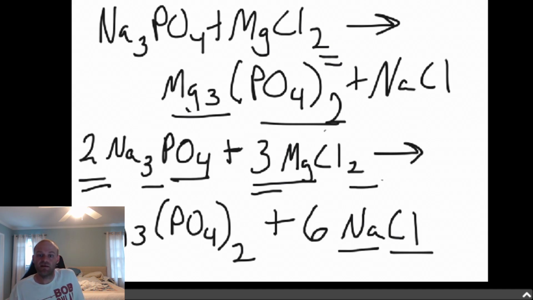All right, and that's salt. So you'll typically see them paired, ionically bonded. Okay, so that is a balanced chemical equation for the combination of sodium phosphate and magnesium chloride.